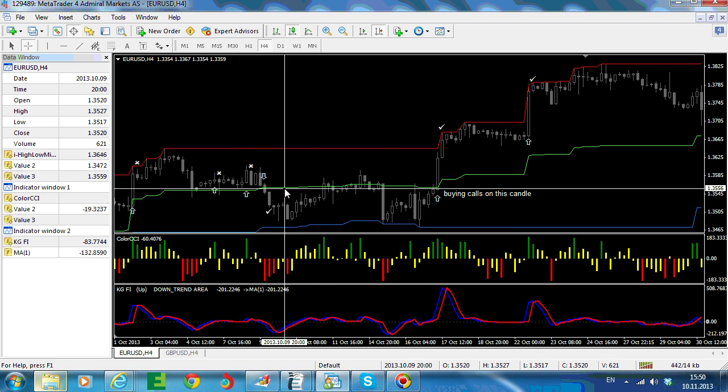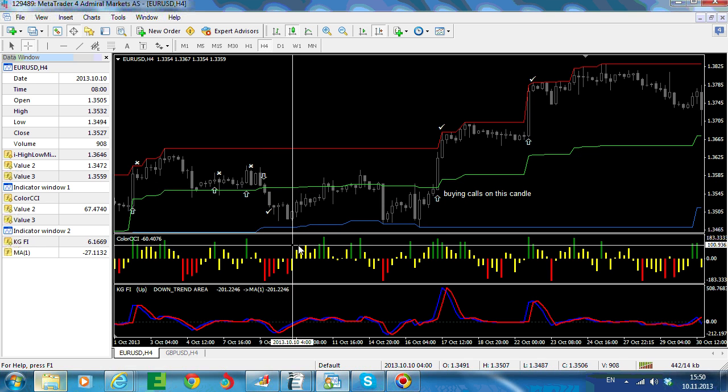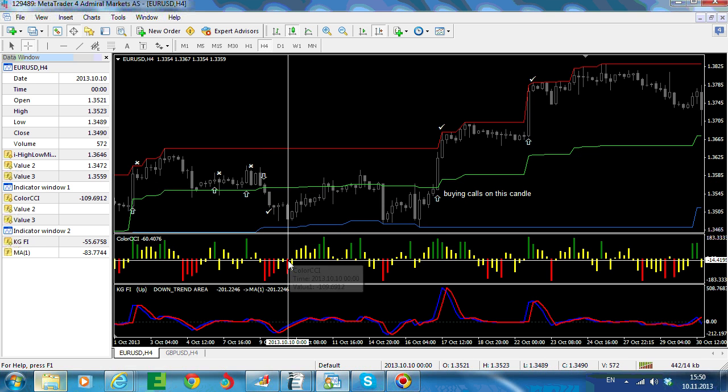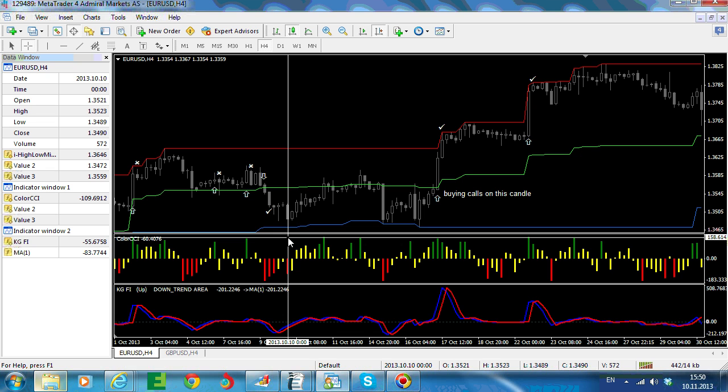So let's move on. This would have been a valid indicator. As you can see, we have the breakout on the candle there, and the color of the CCI there is red.